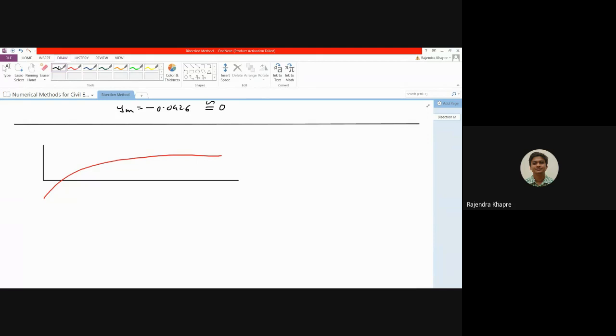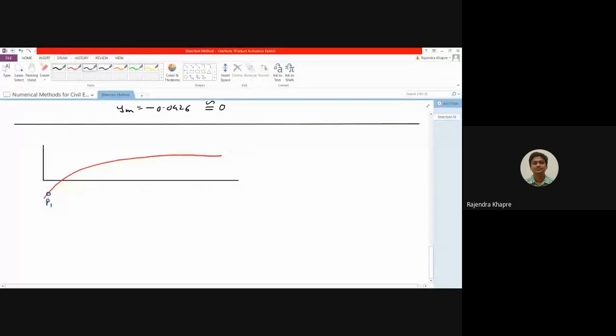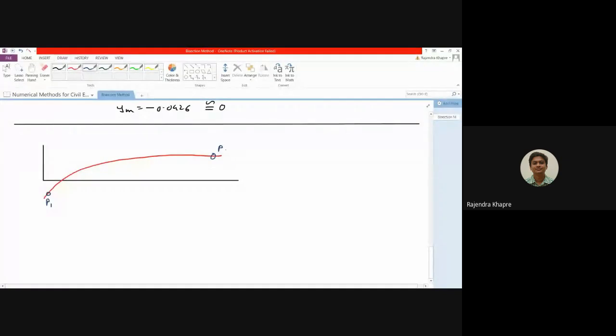We have to choose 2 points in such a way that both points lie on either side of the axis. That is, one should be on the positive y-axis and the other should be on the negative y-axis. For example, if you choose one point somewhere over here, let us say this is p1, and if you choose another point somewhere over here, let us say p2.